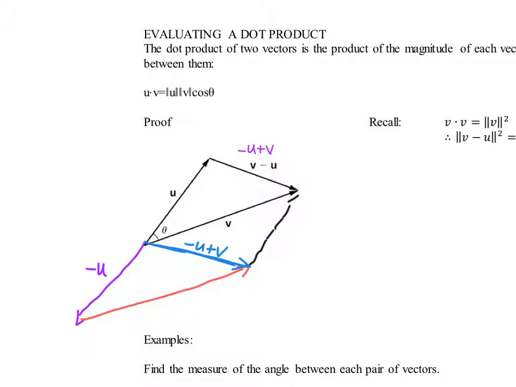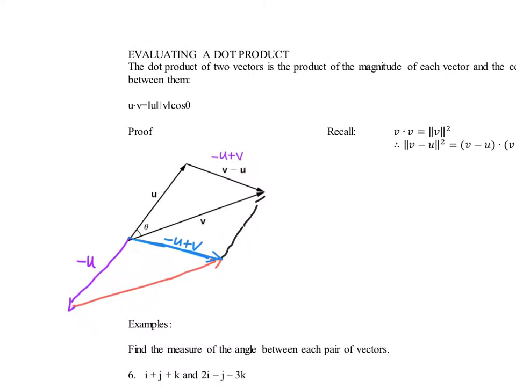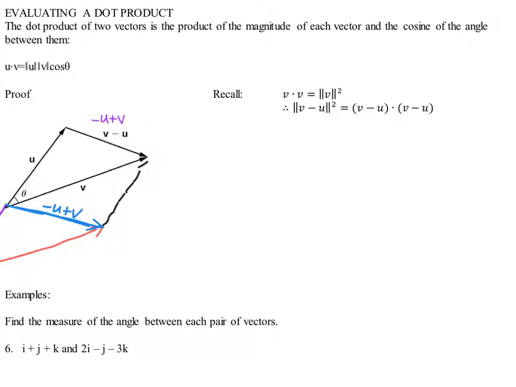So now we have a triangle, which is wonderful. Why do we need a triangle for this? Well, if you have a triangle and that triangle has 3 known sides and an angle, you might choose to use the law of cosines.